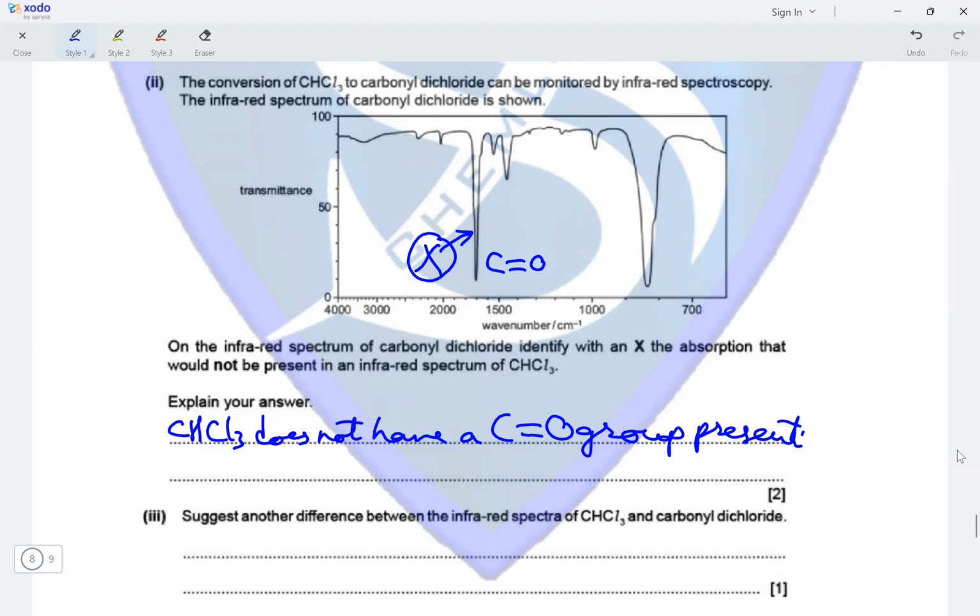Suggest another difference between the infrared spectra of CHCl3 and carbonyl dichloride.